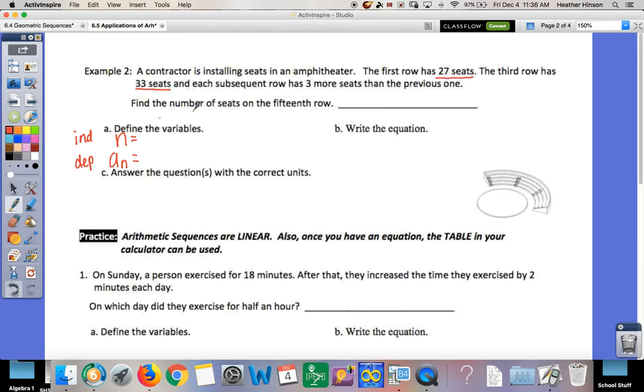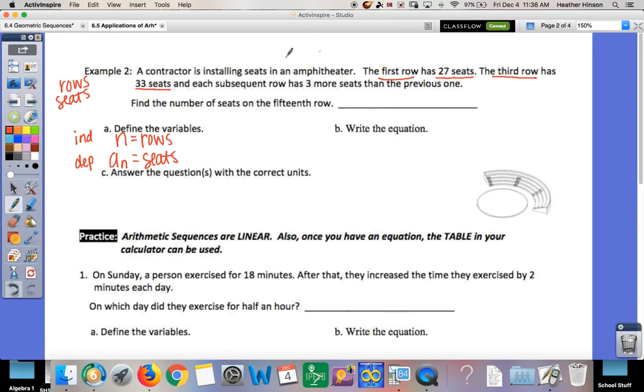What else do we have? The first row and the third row. So we have rows and seats. Which one of those is independent? The rows. The rows are already going to be there. The seats have to go on the rows. They depend on the rows being there.